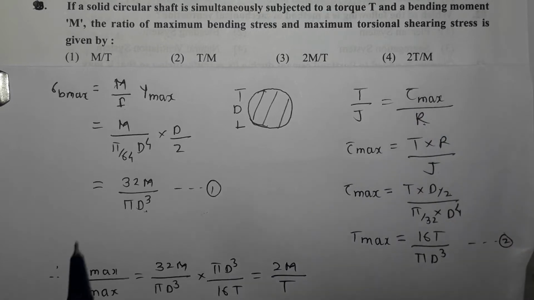Now they have asked the ratio of sigma max to tau max. So sigma max divided by tau max, that is maximum shear stress, 32 M divided by pi d cube, into pi d cube divided by 16T, which is 2M divided by T. So the correct option is option 3.